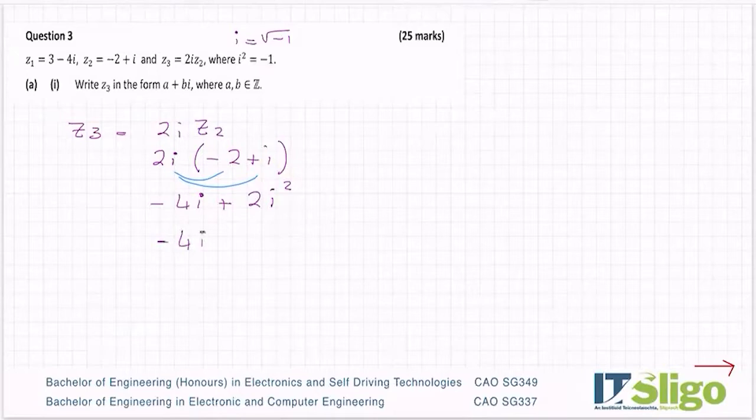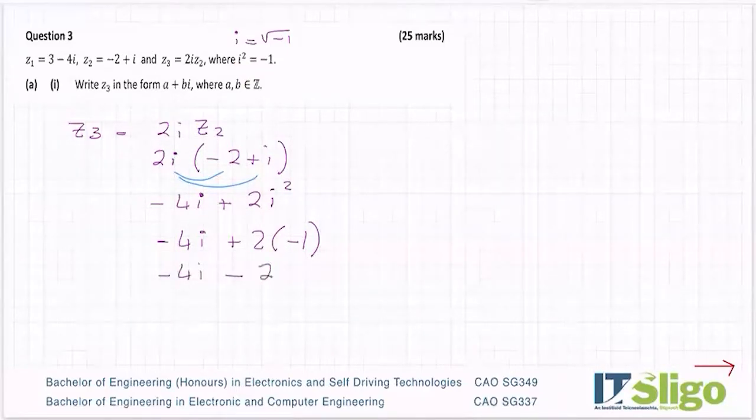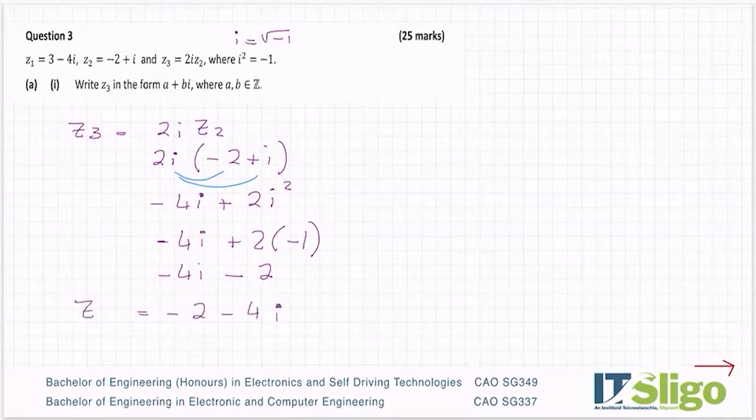So i squared actually makes this part real. So instead of i squared, you always sub in this minus 1. So it's minus 4i minus 2 ones are 2. And then you always write it with the real part first and then the imaginary. So it's equal to minus 2 minus 4i. So that is z3.